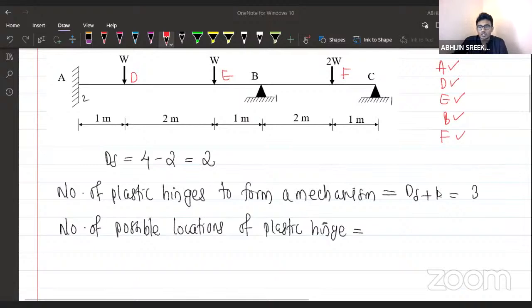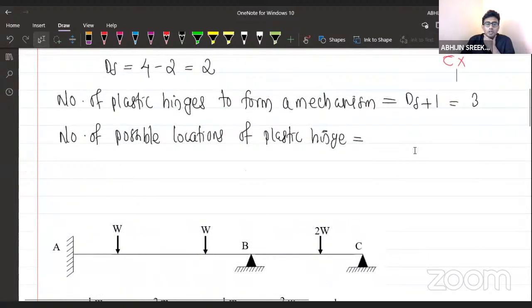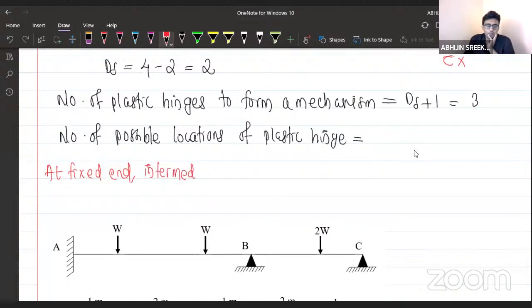So what are the locations of the formation of plastic hinges? Anyone? How many locations are possible here? At C, there will not be any plastic hinges. So where will the plastic hinges be formed? What are the possible locations of the plastic hinges? See, at fixed ends, you can note it down, there will be plastic hinges.